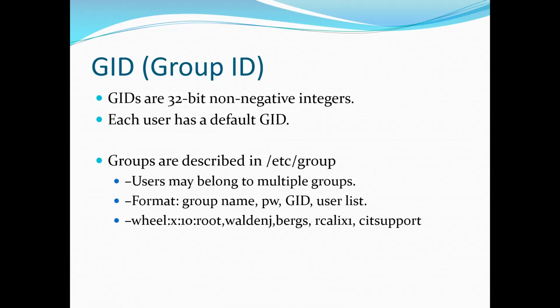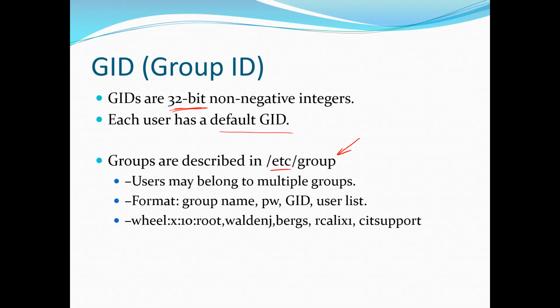Group ID, the same thing. Group IDs are 32-bit non-negative integers. Each user has a default group ID, usually the same name as their account. And then groups are described in /etc/group. We already saw that.